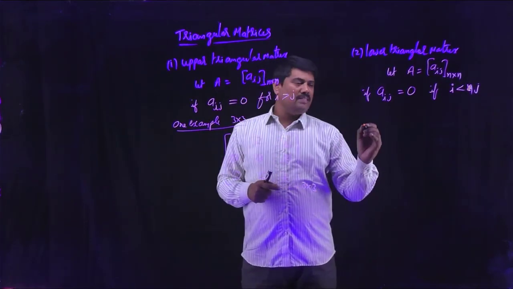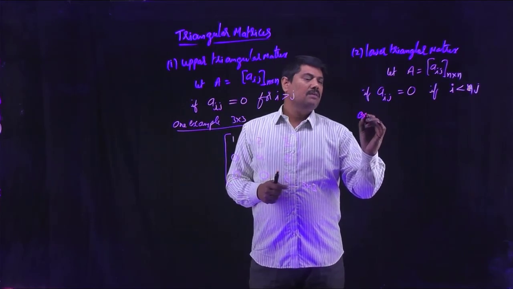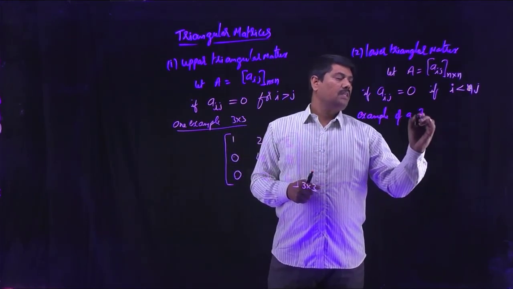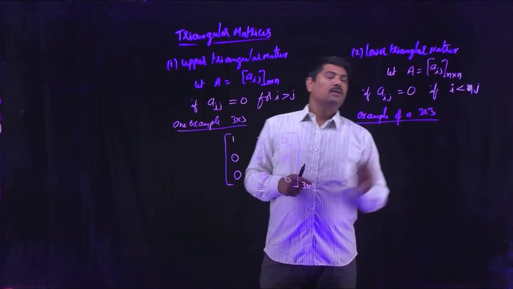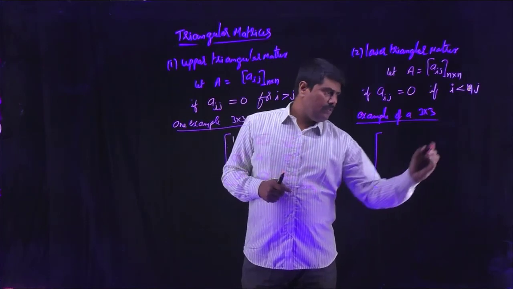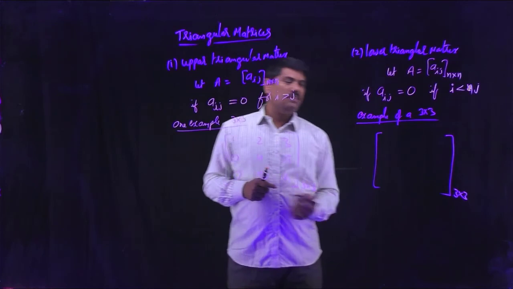Now consider one example. Let me write one example in the same format. Example of a 3 by 3 order lower triangular matrix. Now observe here, we are considering a 3 by 3 matrix.